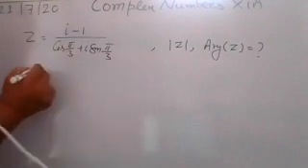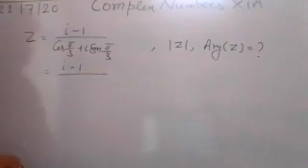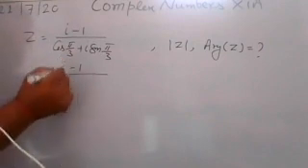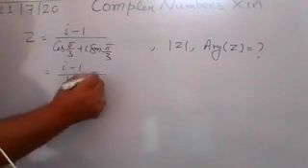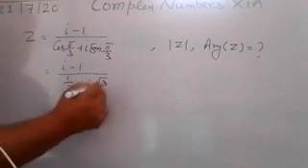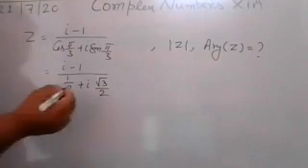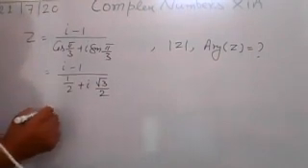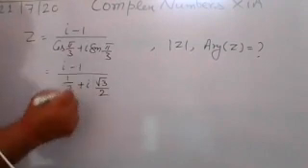Okay. So i minus 1 divided by cos pi by 3, which is 1 by 2, plus i sine pi by 3, which is root 3 by 2. Understand? Now taking the LCM, this 2 is transferred to the numerator.